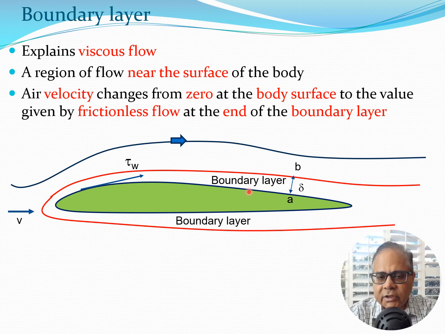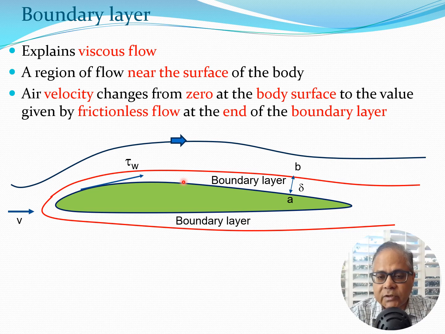So this region is known as the boundary layer, and the boundary layer has a certain thickness. We use the Greek letter delta to show that thickness, and the boundary layer goes from this point A here to the point B. Now of course in this diagram I have shown the boundary layer to be very thick, but actually it is much thinner.